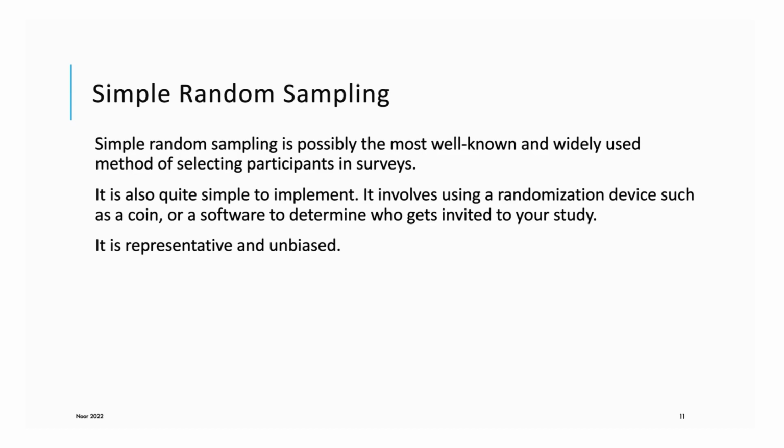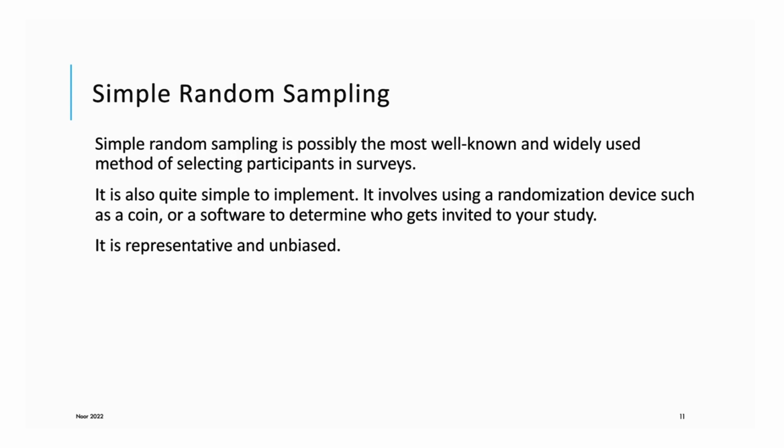Now, every single unit would have the same probability of being selected. For instance, looking at the example of the water sanitation and hygiene survey that we talked about earlier, say we have 10,000 houses in these communities.